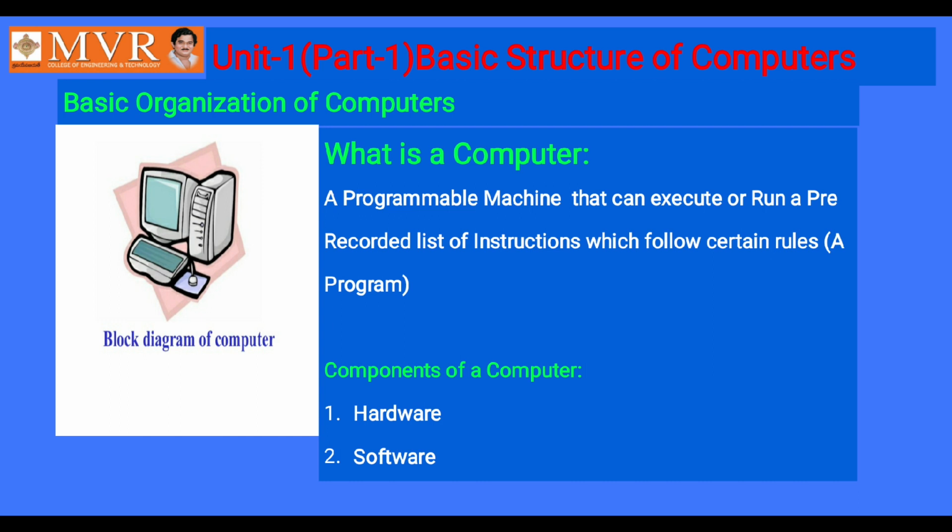As you have already entered the second year, in the first year itself you might have learned the fundamentals of computer science subject and C programming, and also DLD, digital logic design. So this first unit is going to cover a summary of the first unit of your FCS and a briefing of your DLD. Now in this basic organization of computers, our first question is, what is a computer?